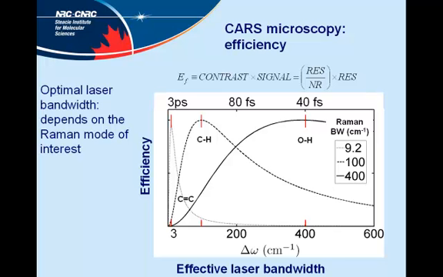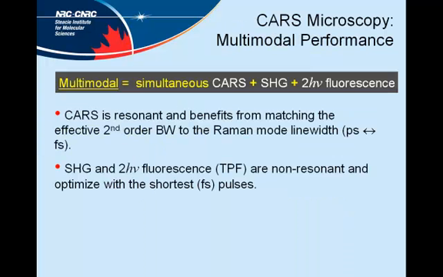However, if you want to look at a CH stretch, you might want something like 120 femtoseconds, and if you want to look at the OH, you're better off with a 40 femtosecond pulse, based on this efficiency argument of matching the line width of your laser to the line width of the mode you're interested in.